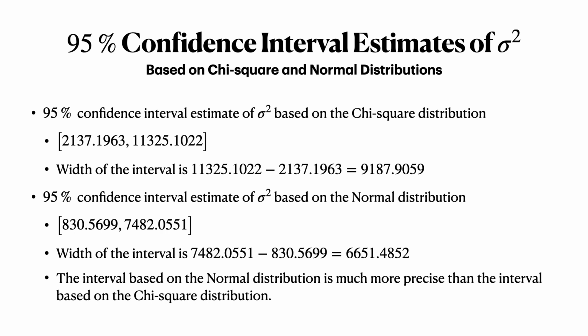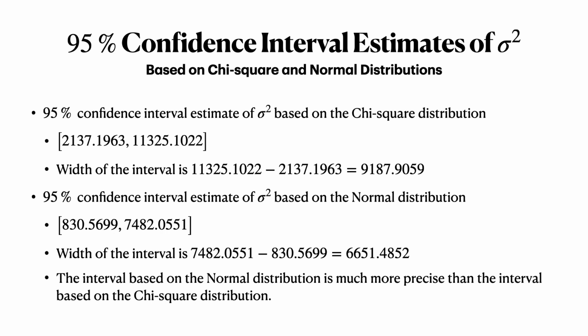And that is not necessarily a good thing, because the sampling distribution of sigma hat squared is skewed to the right. The width of this interval is 6651.4852. So when we compare the two widths, we see that the interval based on the normal distribution is much narrower. It's much more precise than the interval based on the chi-square distribution.